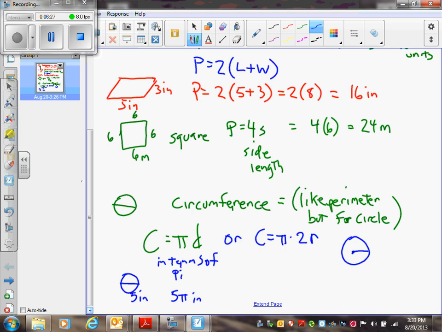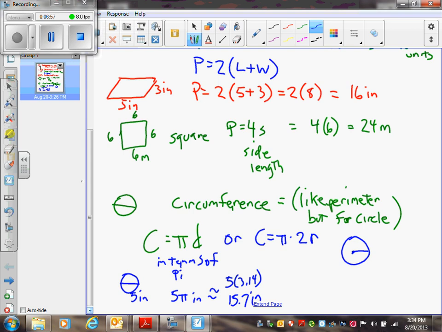That's all we do. But if I want an approximate value, I would go 5 times 3.14 to get 15.7 inches. And that's approximate.